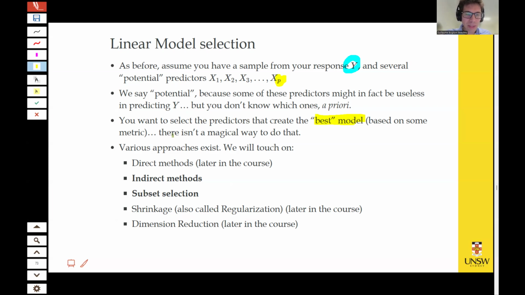Now, I don't think there's a magical way to do this, but there's a few different approaches you can follow. And maybe as a comment here, one of the reasons this is not a trivial problem, and this is something you need to know. Let's say you have a certain number of predictors in your model.